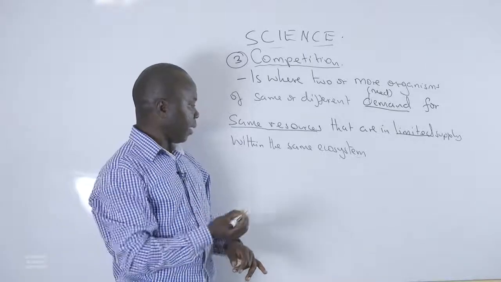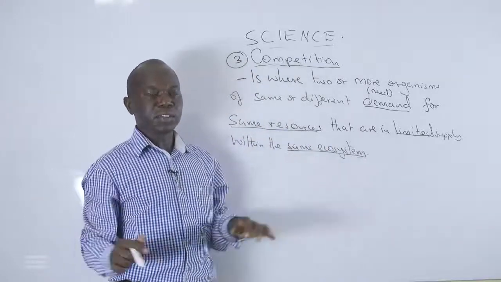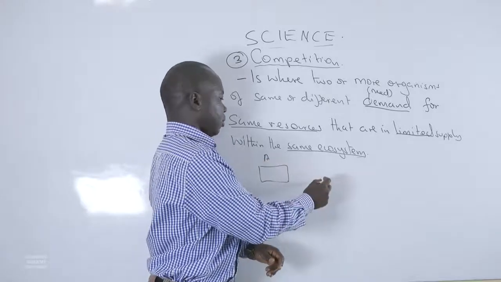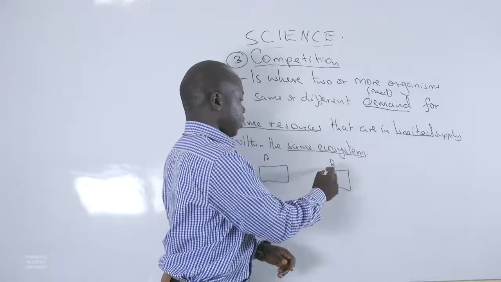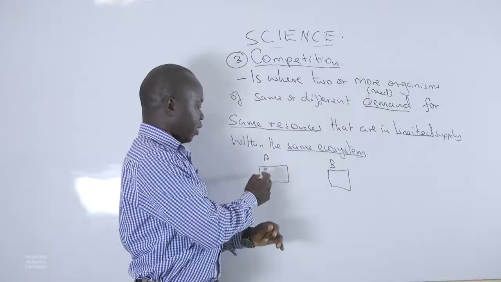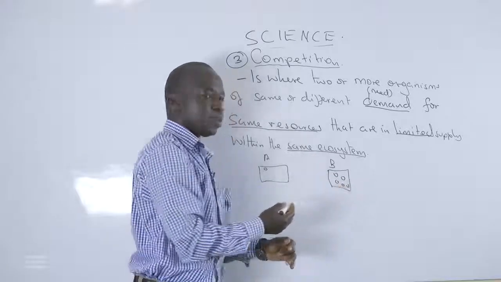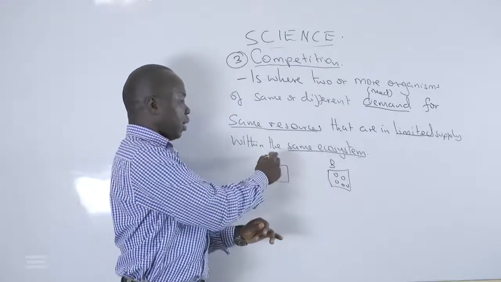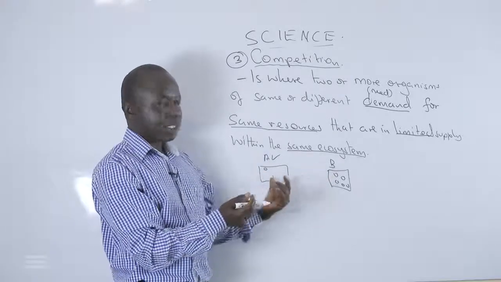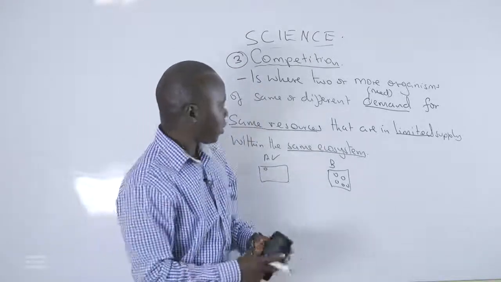They are in limited supply, but within the same ecosystem. If they are in different ecosystems, if we have maybe ecosystem A and ecosystem B, and resources in each are not enough, but we have very few here, maybe 1 organism, and several here, they want the same resources. In A, there will be no competition. It's the same resources, but they are not in the same ecosystem. So it must be within the same ecosystem.